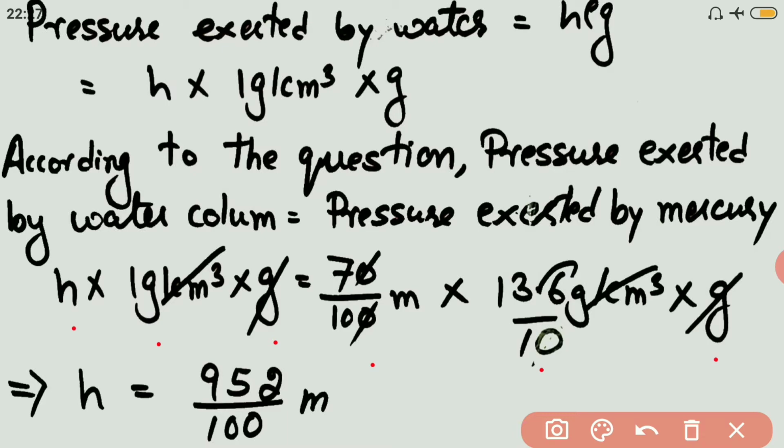Now this G here and this G here get cancelled. Gram per centimeter cube and gram per centimeter cube also get cancelled.